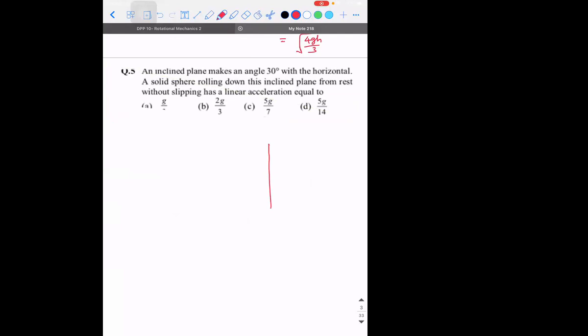Any idea what is the formula? Anybody? So if this is theta, any object is rolling down.